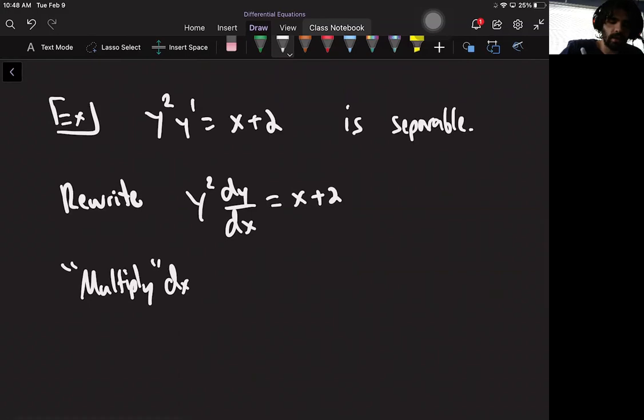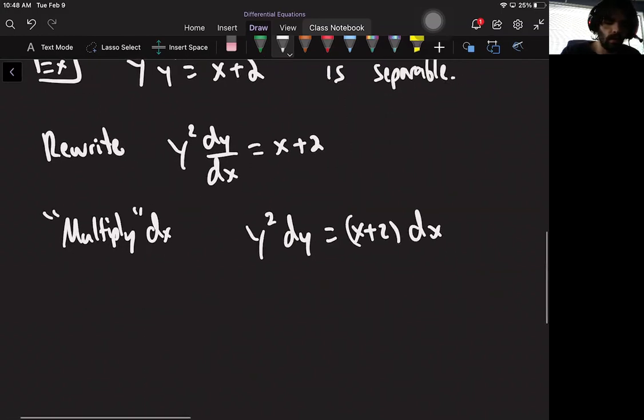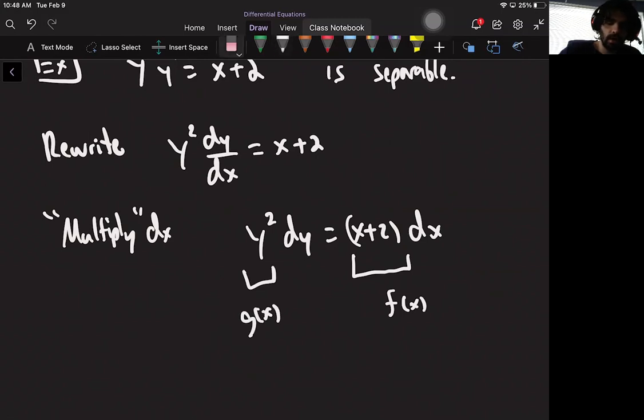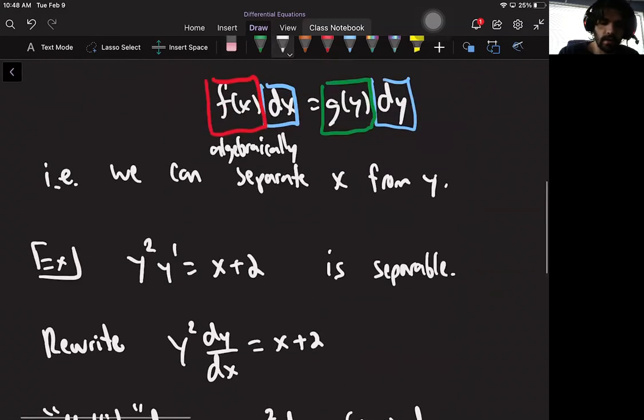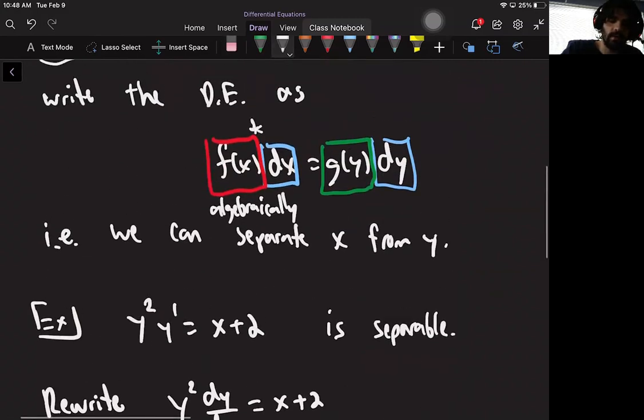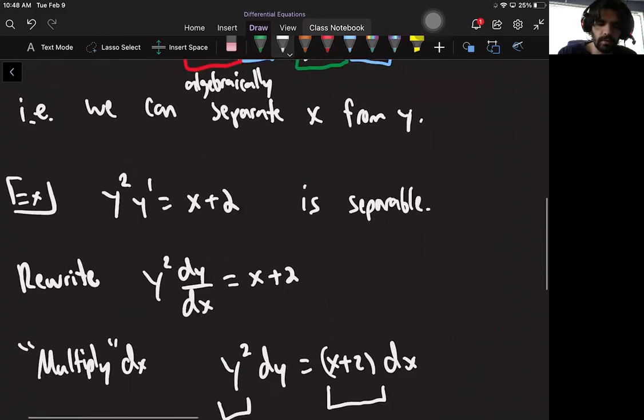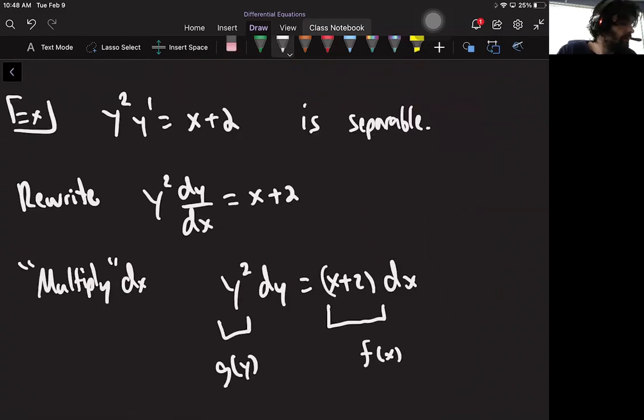So I can multiply it to the other side, and now I have my x's on one side and my y's on the other. In the previous format, this would be f of x, and this would be g of y. It doesn't actually matter which side you move the y's and x's to. Up here, I had the x's on the left, but that's okay. You can flip them around if you want.